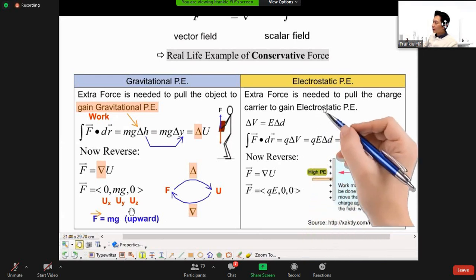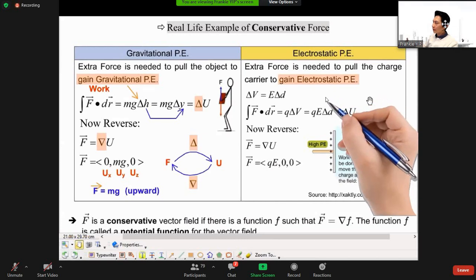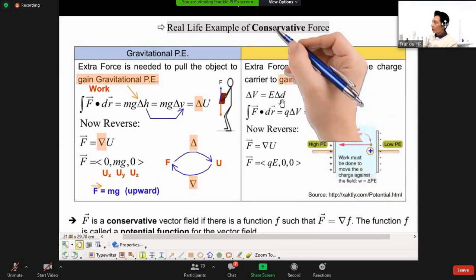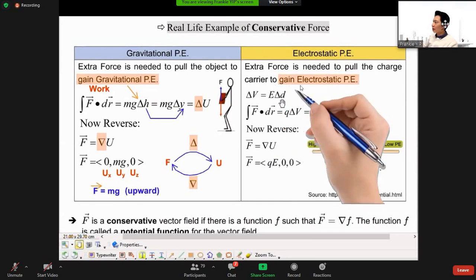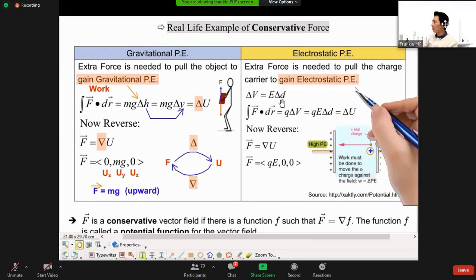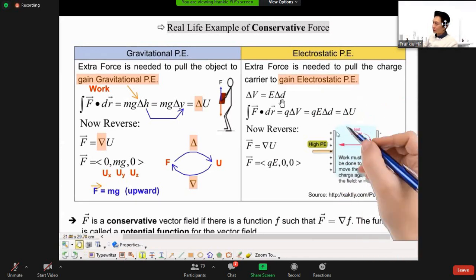How about another application, which is the electrostatic force. Here we have the extra force to pull the charge carrier to gain the electrostatic PE. So what's that? This is the electric field in physics.